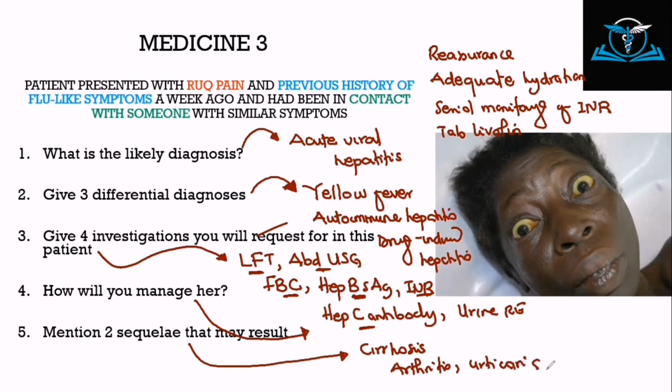All these are Hep B related. What else can they have? Nephrotic syndrome. Or they can have liver failure, acute liver failure, okay? Acute liver failure would be number 1, cirrhosis, arthritis, urticaria, nephrotic syndrome, etc.